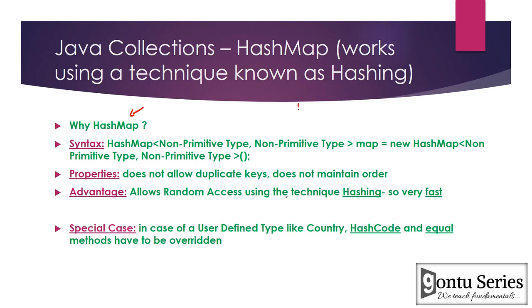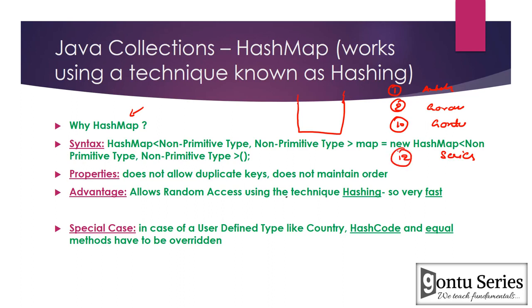Well, HashMap will allow you to store key value pairs in it. Now what does key value pair mean? Whenever you want to store, say, Ankush at key 1, Gaurav on key 2, say Gautam on key 10, Shreya on key 12.